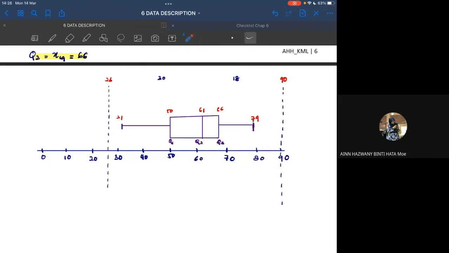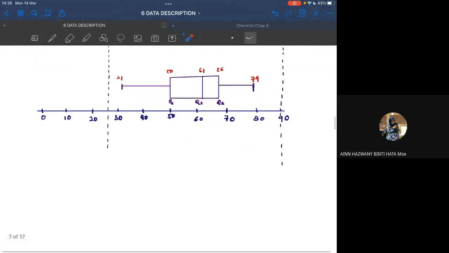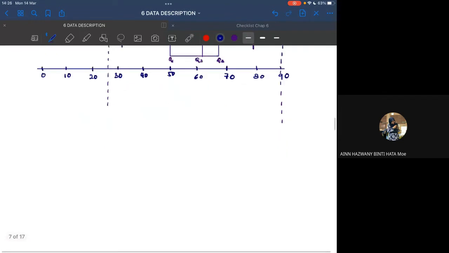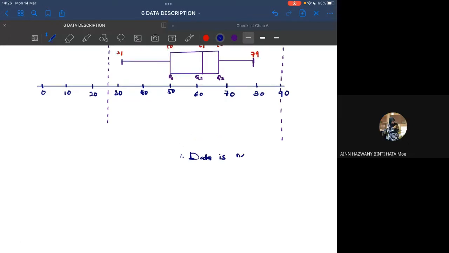So the distribution akan jadi macam ni lah. Lebih kurang lah. So we can conclude that the data is positively, negatively symmetrical? Negatively skewed. Okay, data is negatively skewed.